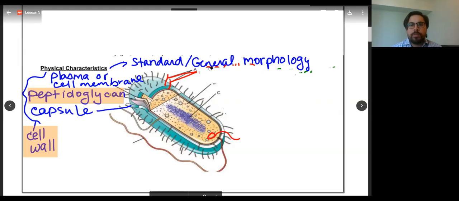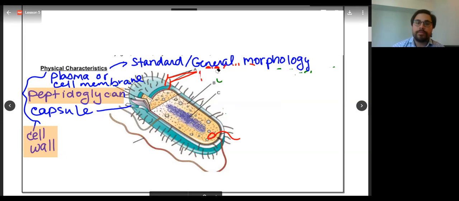Alrighty, the next part. I just want to note that this is the standard general morphology of bacteria. Not all bacteria adhere to this general structure. What is similar in all bacteria, though, is the general cell wall structure, and I'll talk more about that on the next page.